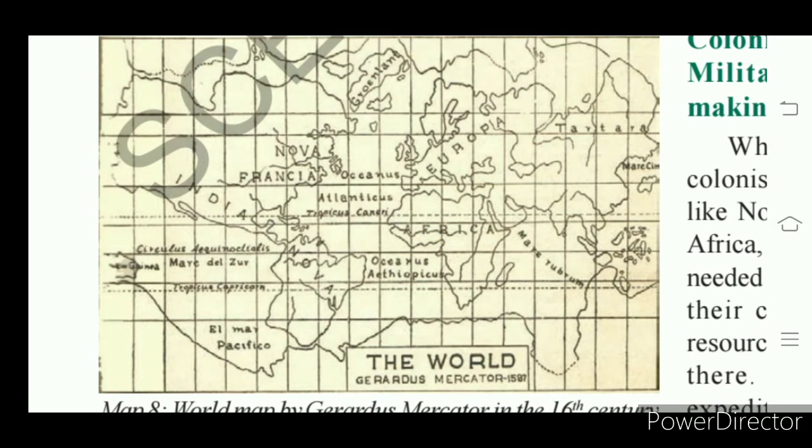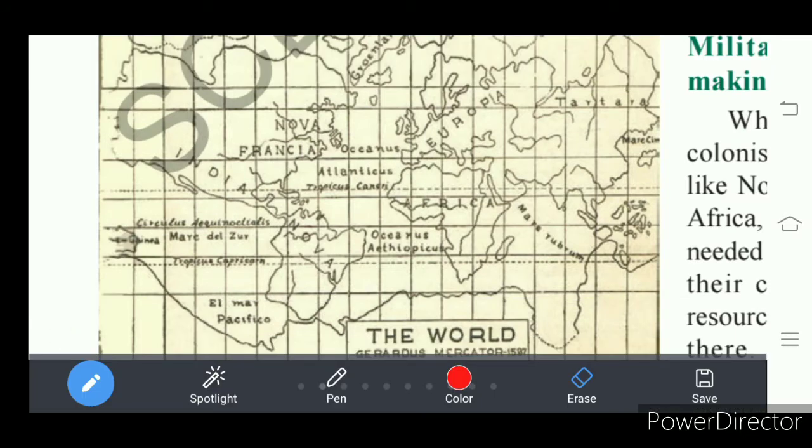We know that our earth is in a spherical shape. Here I am drawing a spherical shape. That means the earth is like a ball.